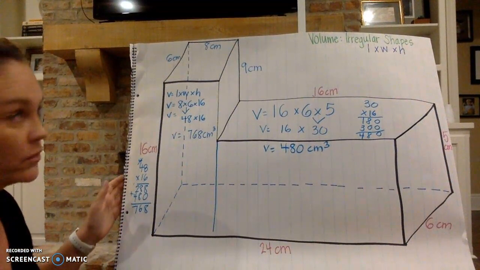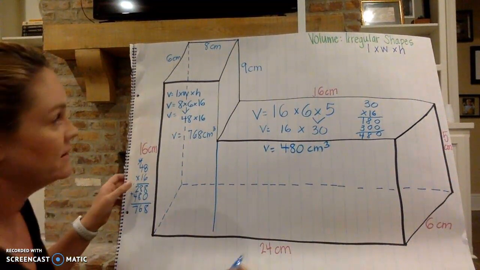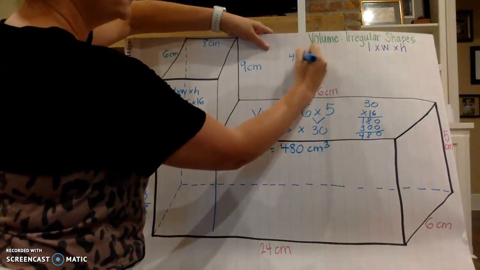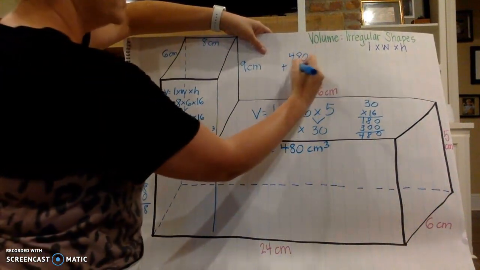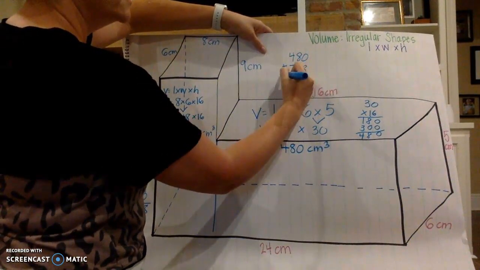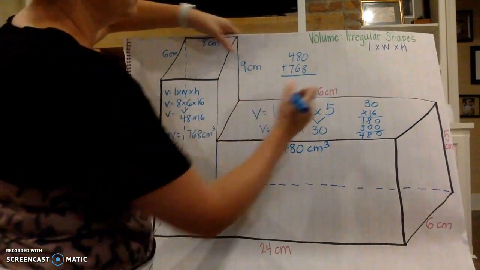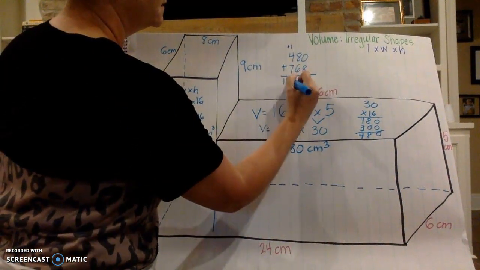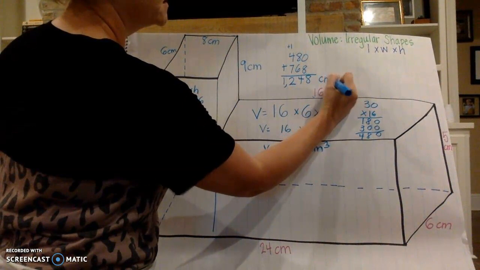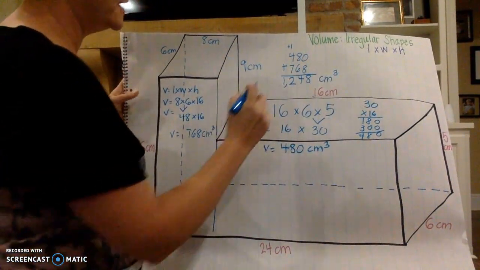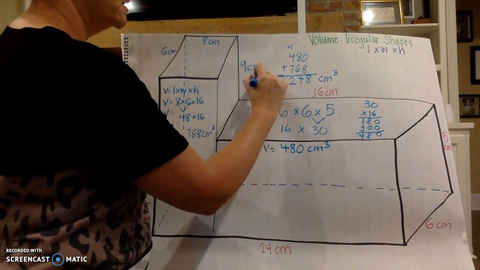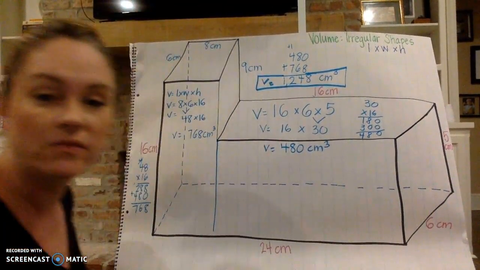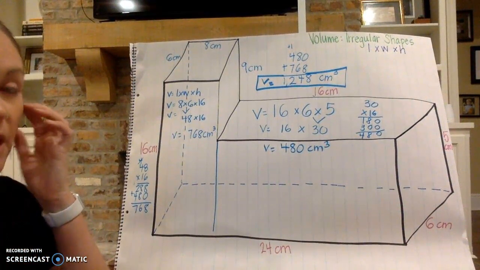Okay, I'm kind of running out of room, but I'm going to find a place to add these two volumes together. 480 cubic centimeters plus 768 cubic centimeters will give me 1,248 cubic centimeters. So the volume of this large shape is 1,248 cubic centimeters. I hope this helps.